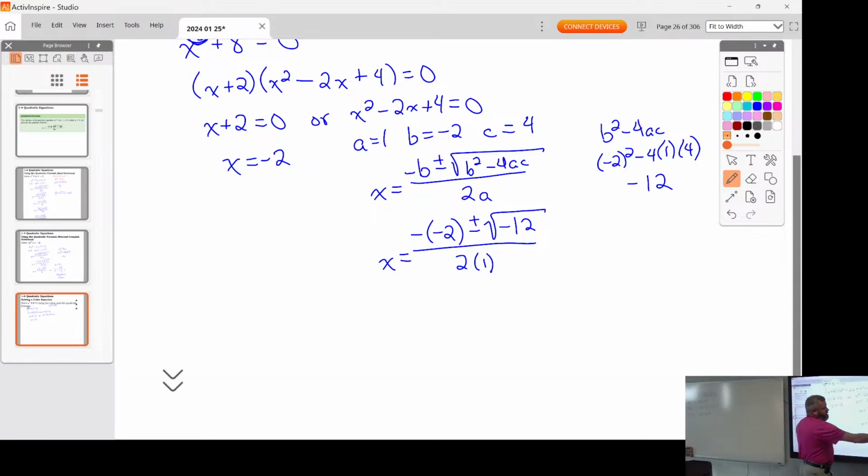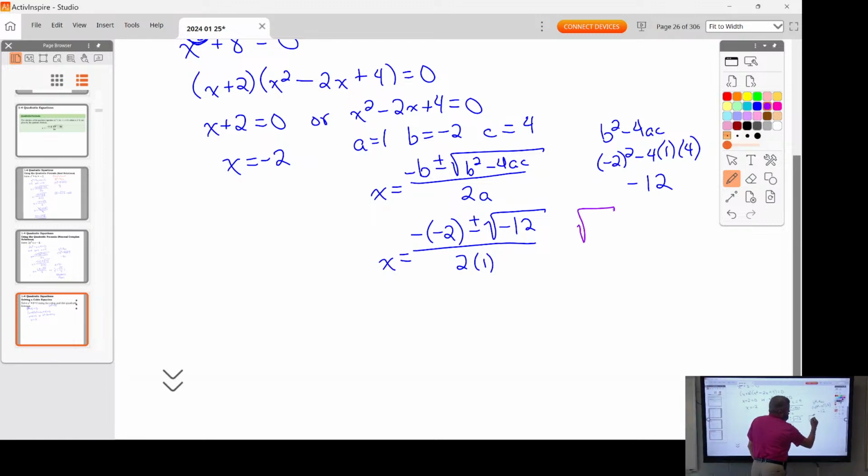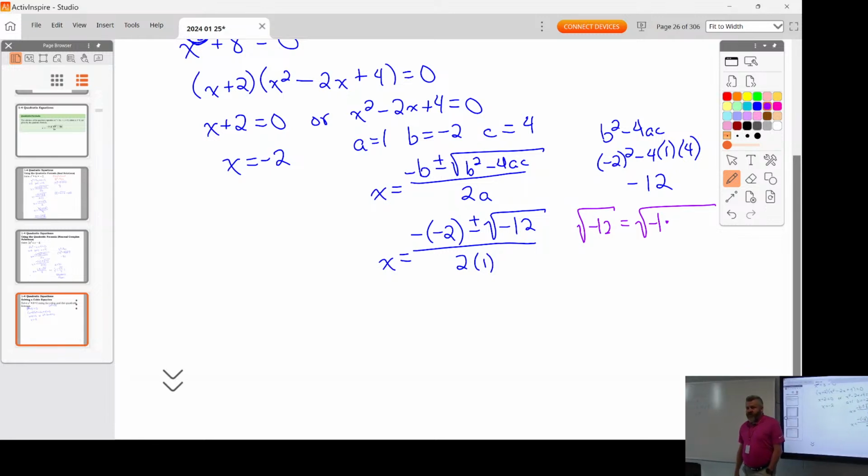Let's go ahead and take care of the square root of negative 12. The square root of negative 12 is equal to the square root of, first of all, there's a negative 1 there. Are there any perfect squares that go into 12? 4 goes into 12. 4 is a perfect square.